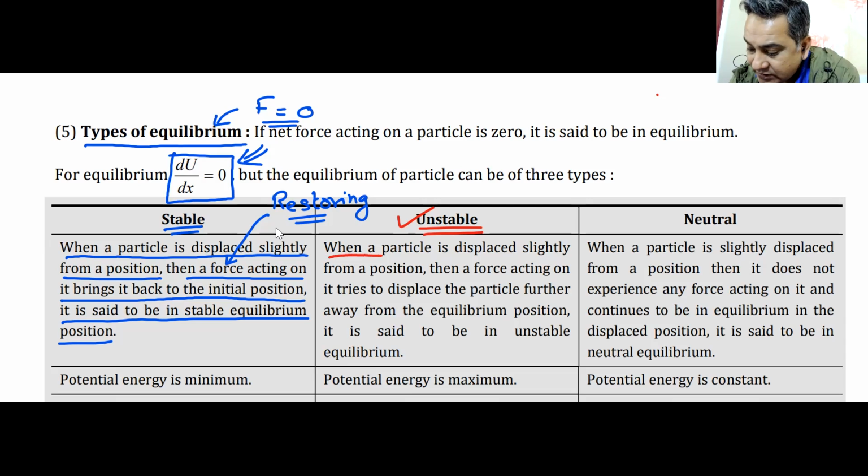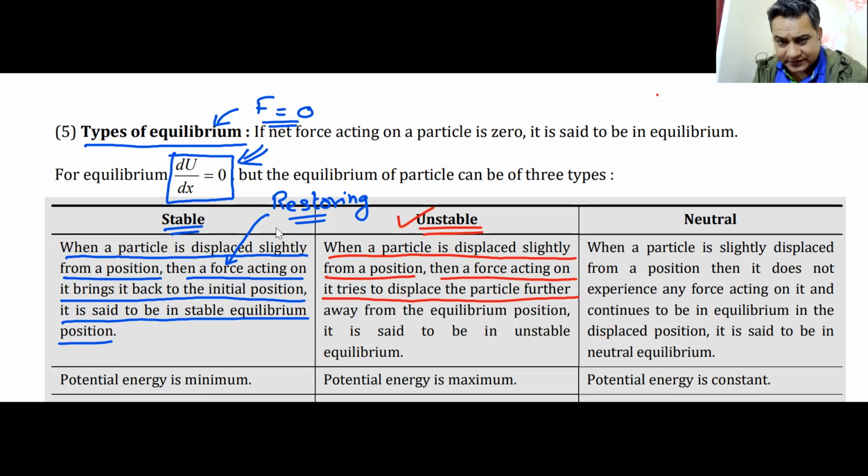So when a particle is displaced slightly from this position, then a force acting on the particle tries to displace the particle further. So basically a force will act. Force will definitely act. But that force will not try to bring it back. That force will push that particle away from that position.